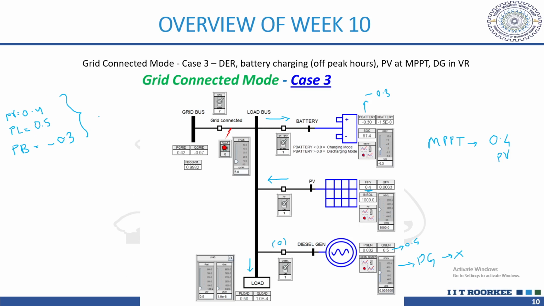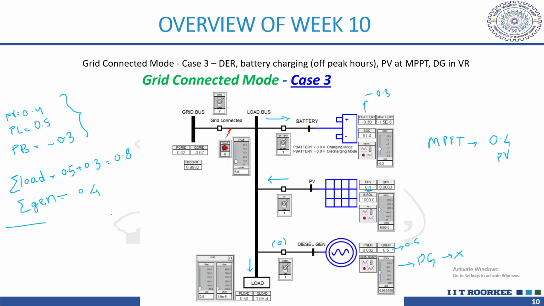So if you calculate whether this AC microgrid is in deficit or surplus, basically your summation of the load will be the actual load of 0.5 plus the battery charging of 0.3, meaning your total requirement is 0.8. And for the summation of the generation, you have one source only, that is PV, at 0.4.